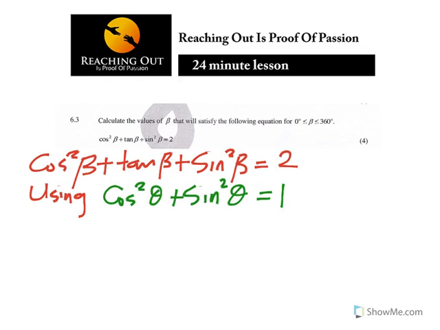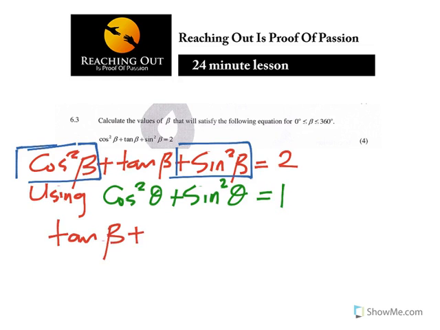Now, what are you noting? You are noting that there is a cos squared and plus there is a sine squared. So these are giving you a 1. So in actual fact, what you simply have there is tan beta plus 1 is equal to 2.